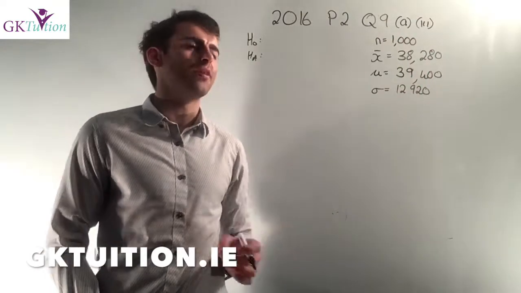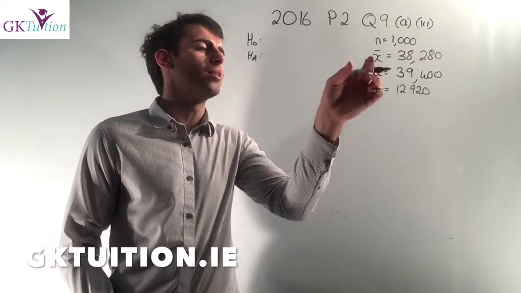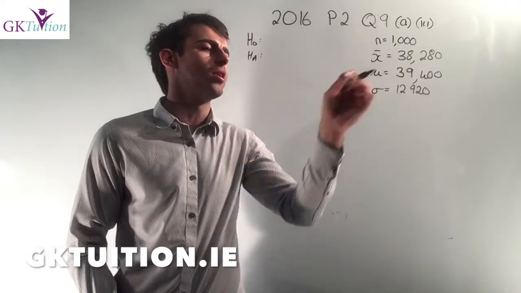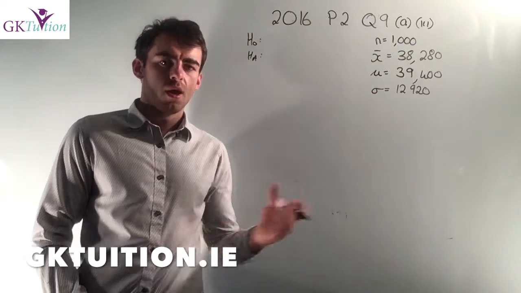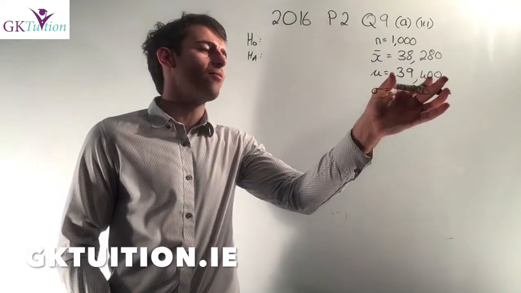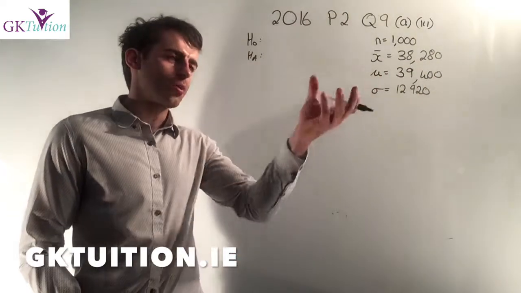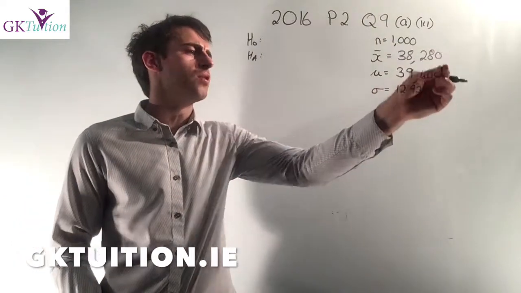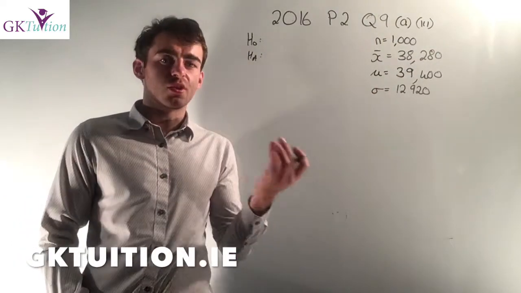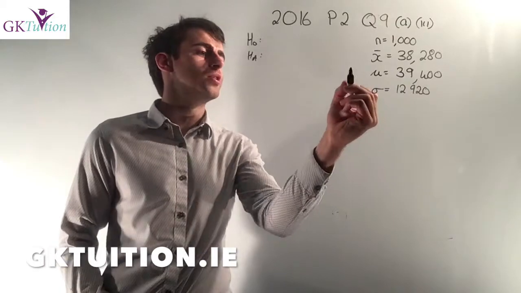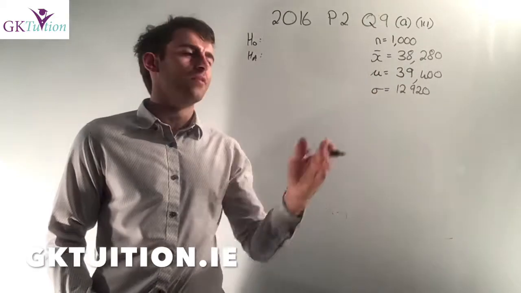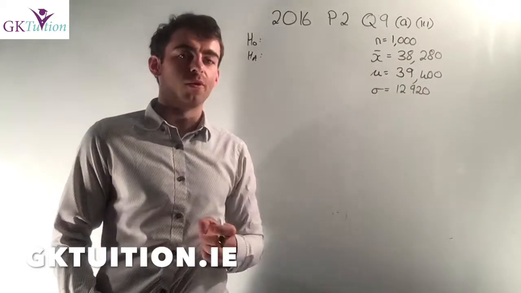I tested 1,000 people, and the sample mean, or the mean of my sample, was 38,280. But it's been claimed that the average of the entire population is 39,400. So I want to figure out, why are these two figures different? Is it just coincidence, or is it because mu is no longer relevant? Is it because the 39,400 is actually wrong?